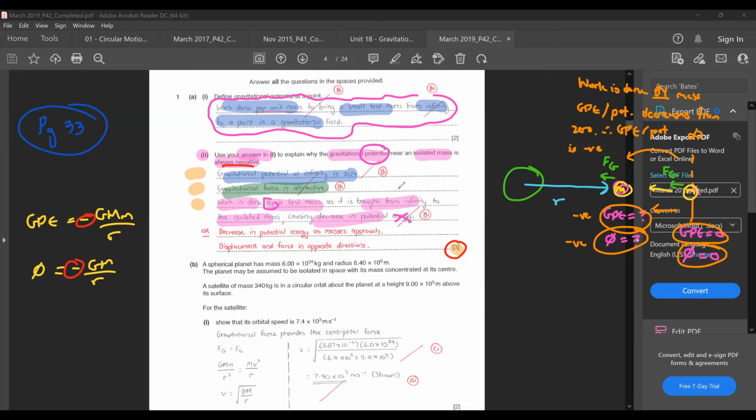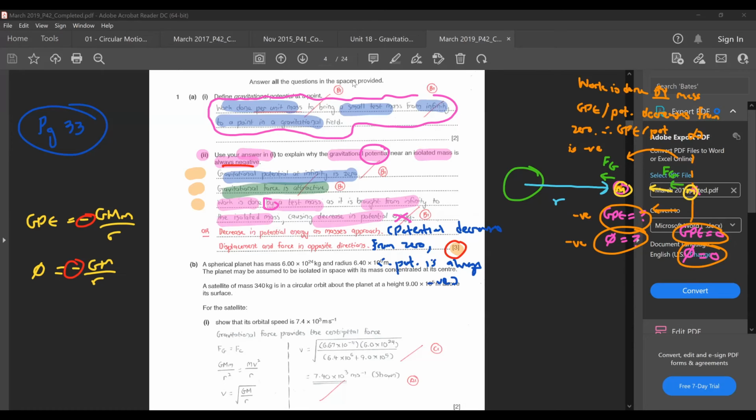So if you want to write something else to make your answer feel more complete, potential decreases from 0, therefore potential is always negative.